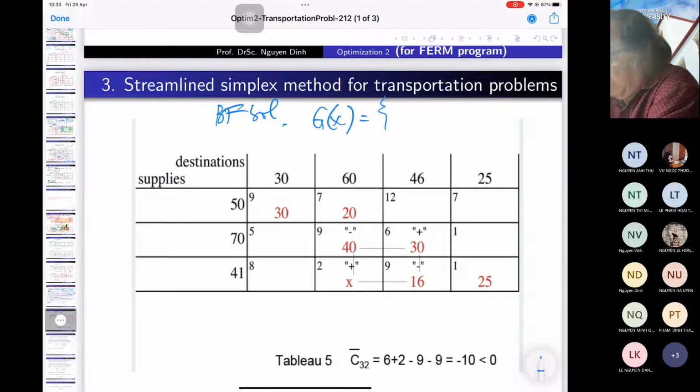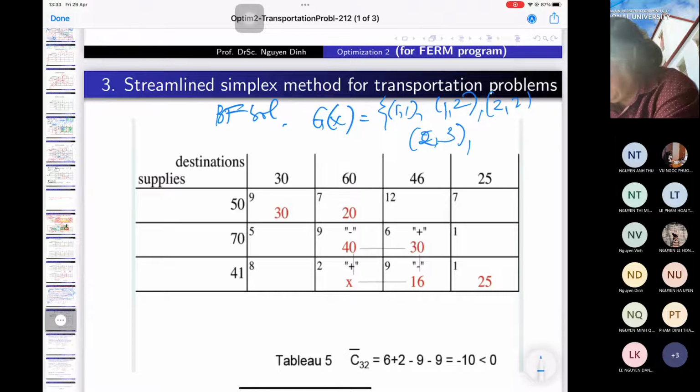Gx is here: 1,1; 1,2; then 2,2; 2,3; then 3,3; and 3,4.